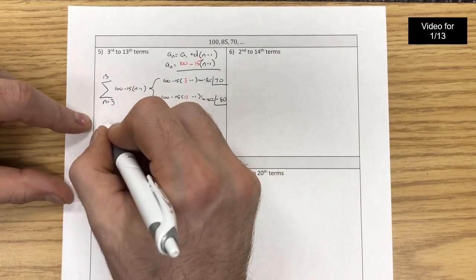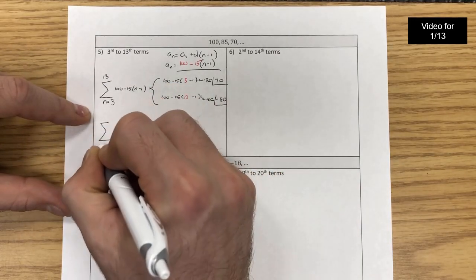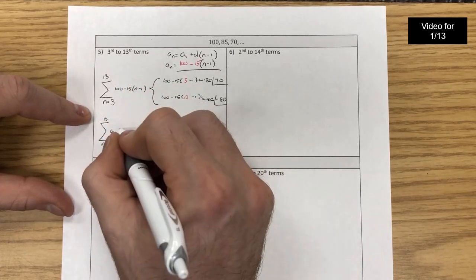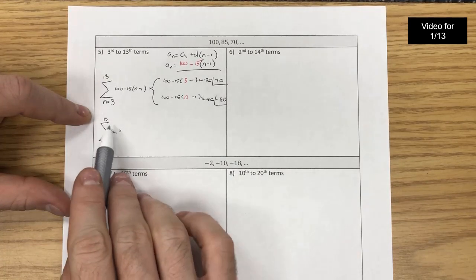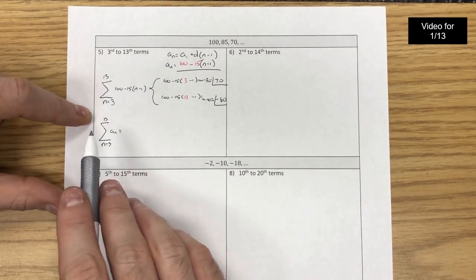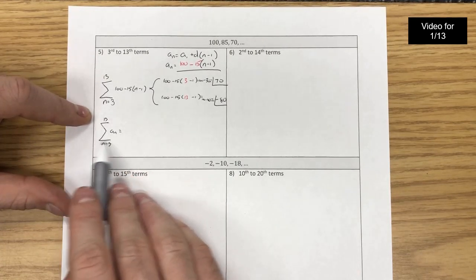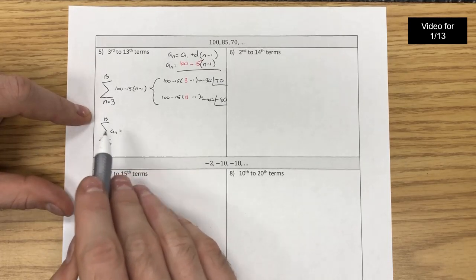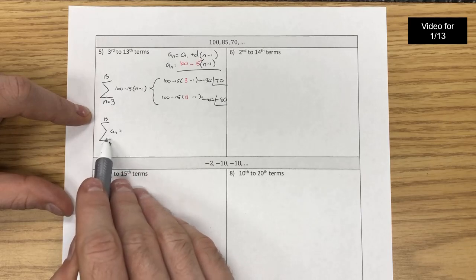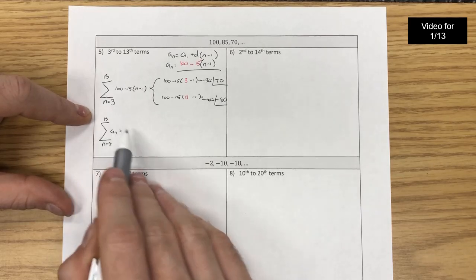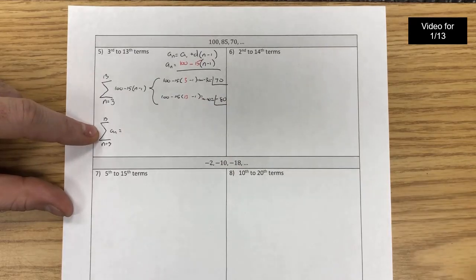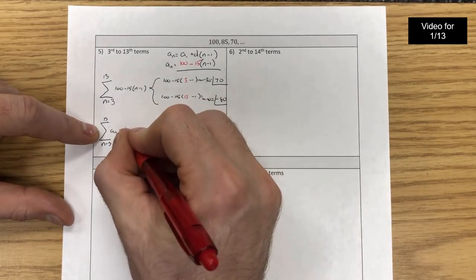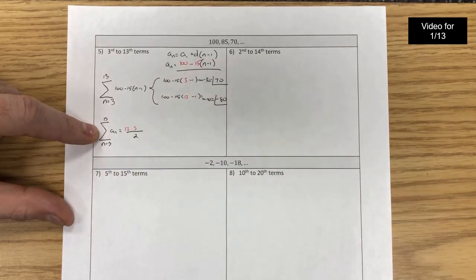So let's go ahead and figure out my series from the 3rd term to the 13th term of my a sub n series. And now one of the things you might be asking is, why do I write it like this? Because before I actually evaluate what the series equals, I have to continue to write that this is the sum of the series. I haven't actually added it up yet. I'm still saying, hey, I've got to do something. So I'm dividing something by 2. I'm going to take my 13 and subtract my 3.